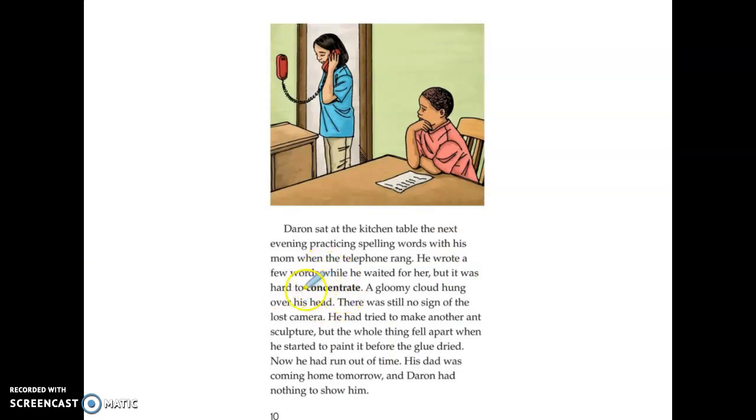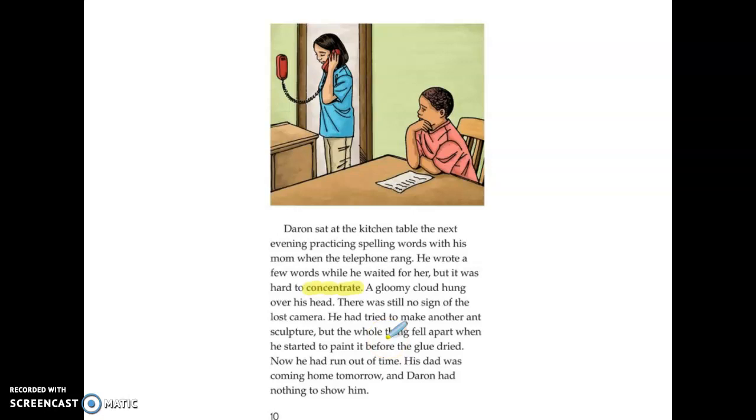On the last page I have this very last word, and it is concentrate. This is a bolded word, so you will find it in your glossary. I want you to take a look at your glossary to figure out what that word means. Let's try to see if we can use our context clues to help us, though.